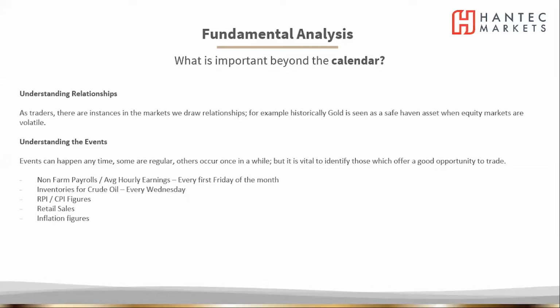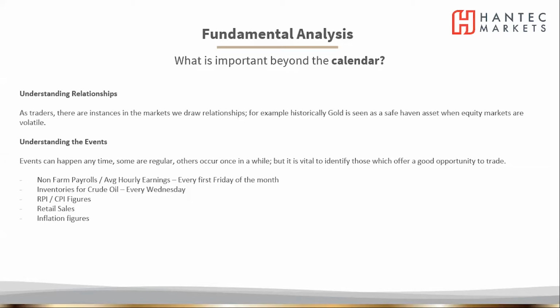What I mean by gold seen as a safe haven asset is because the value of gold is often good. When people are scared of what is happening on US 30 or the Dow Jones or the NASDAQ, what they'll do is that they'll move their funds away from the equity markets, the stock market, and they will go and buy gold. So the price of gold will rise.